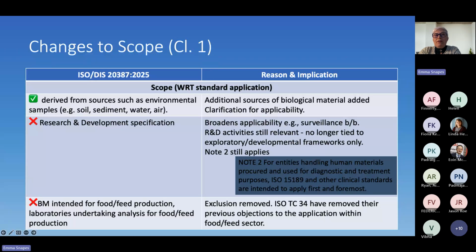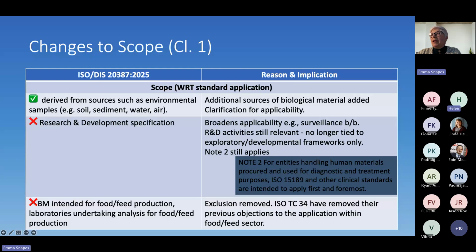A very significant change to the scope is that the research and development specification that was there in the 2018 version has now been removed. So again, this is to broaden applicability. So certain types of biobanks that didn't see themselves as being an audience for the standard can now do so.